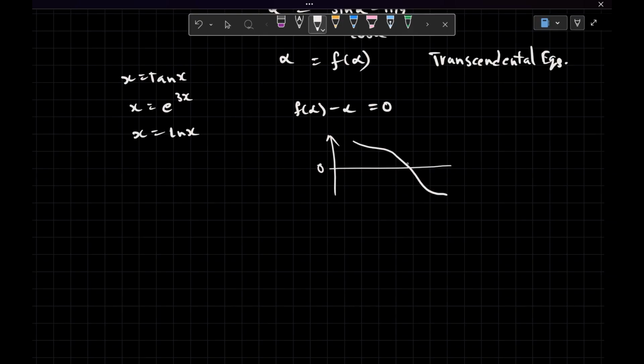That means there is one particular value, alpha equal to alpha naught, where this value could be 0, but before that it might be greater than 0 and after it will be less than 0. So you start with two different values, let's say alpha 1 and alpha 2. Those should give opposite signs, that means the value of this difference should be of opposite signs.